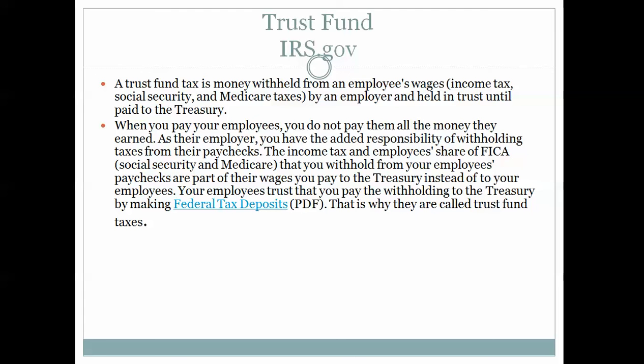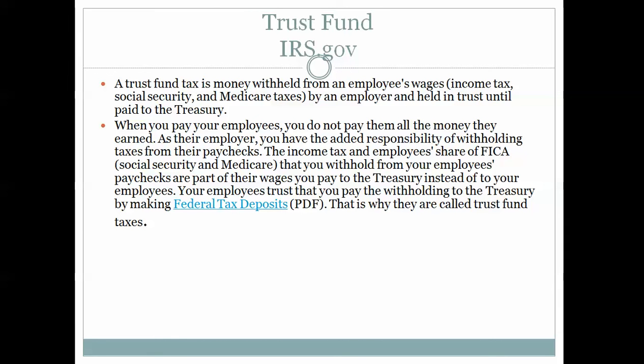And the IRS takes these funds very seriously. If an employer is not submitting in a timely fashion those funds which have been withheld from your paycheck, this can be a very serious act to the IRS, and it is considered in many ways the same as embezzlement.